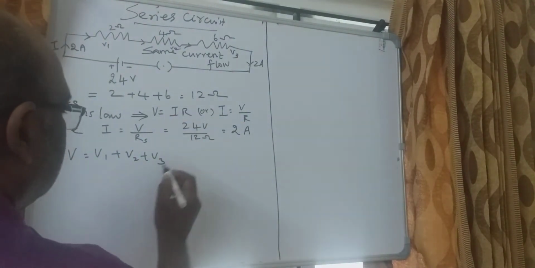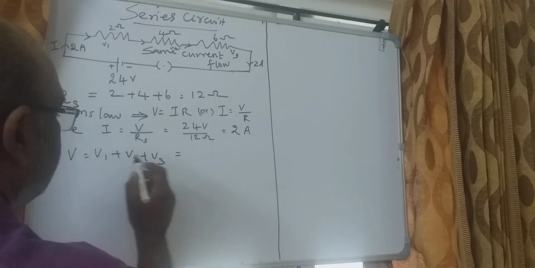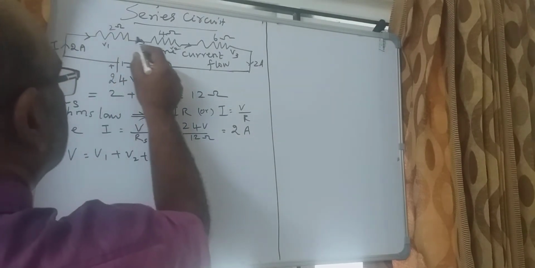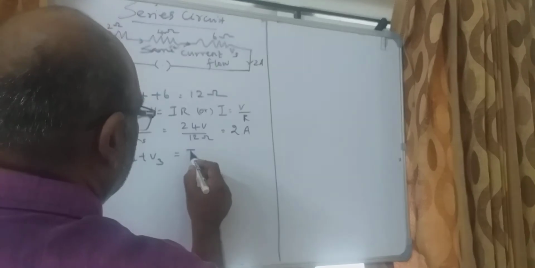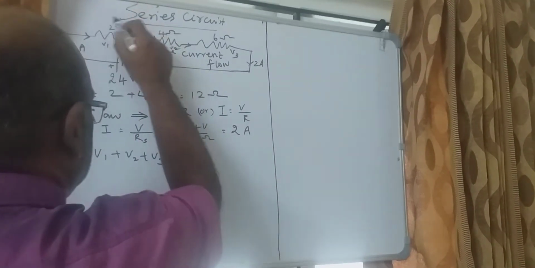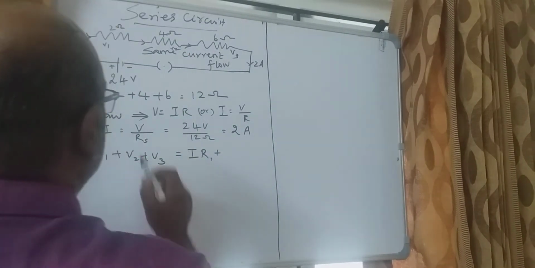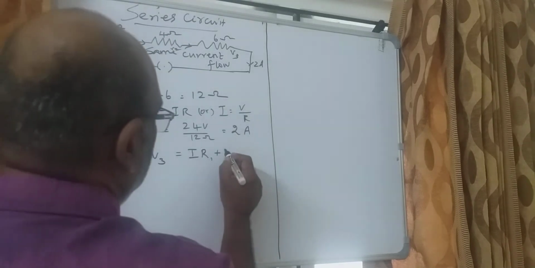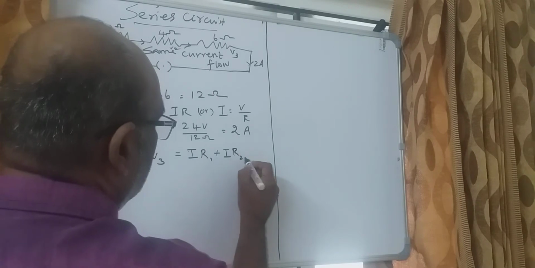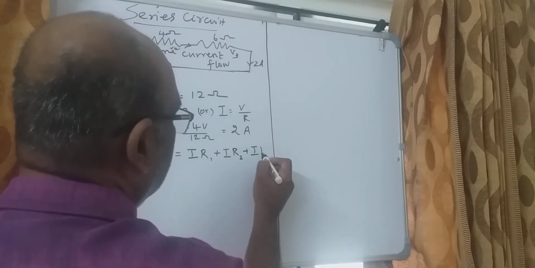Applying Ohm's law, since the same current flows, I can write I into R1 plus I into R2 plus I into R3.